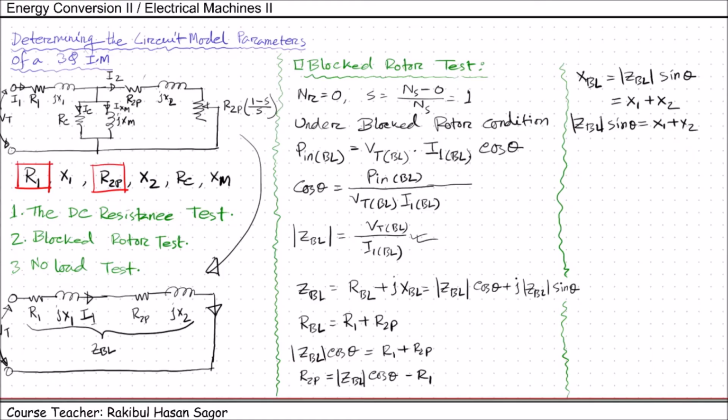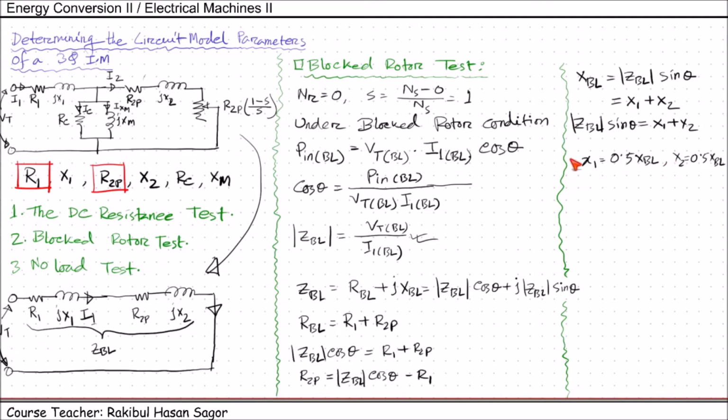For example, if X1 is given as 0.5 of X_BL, and we know the value of X_BL as a whole from here, and X2 is given as 0.5 of X_BL, then whatever value we get, if we divide it by 2, we'll get the values of X1 and X2 separately.